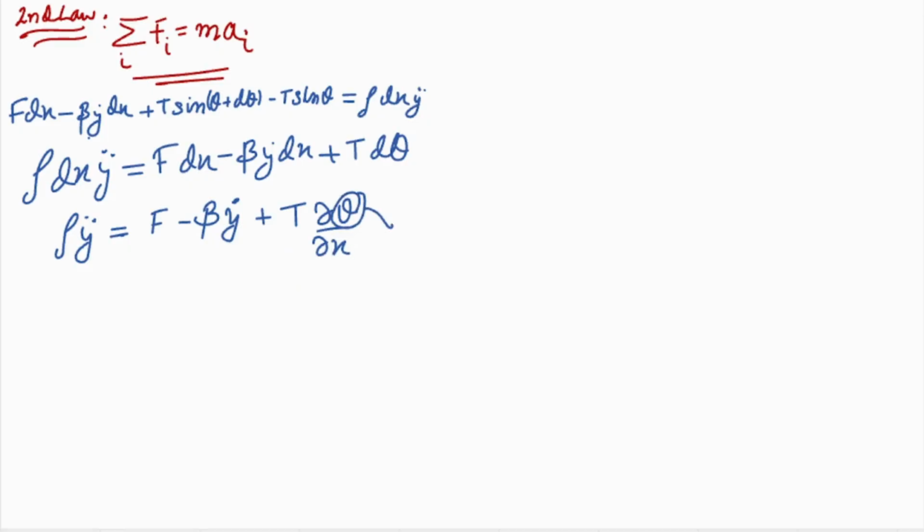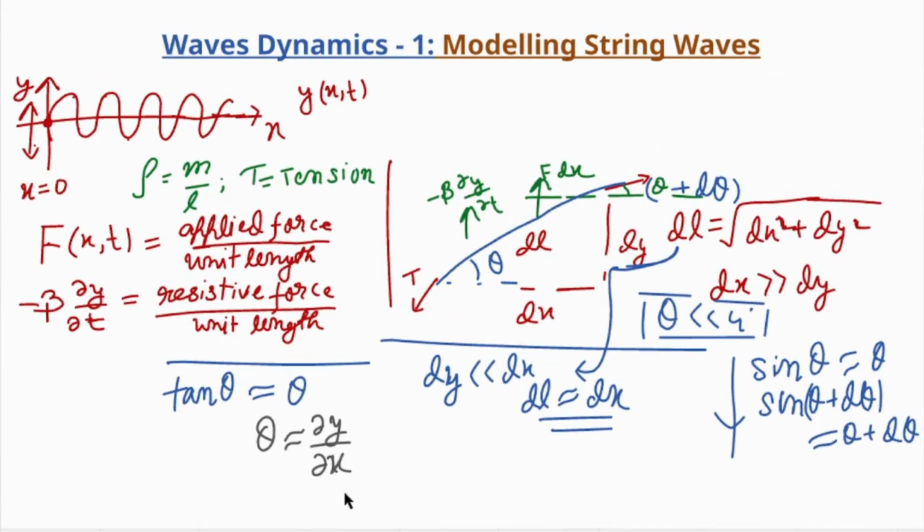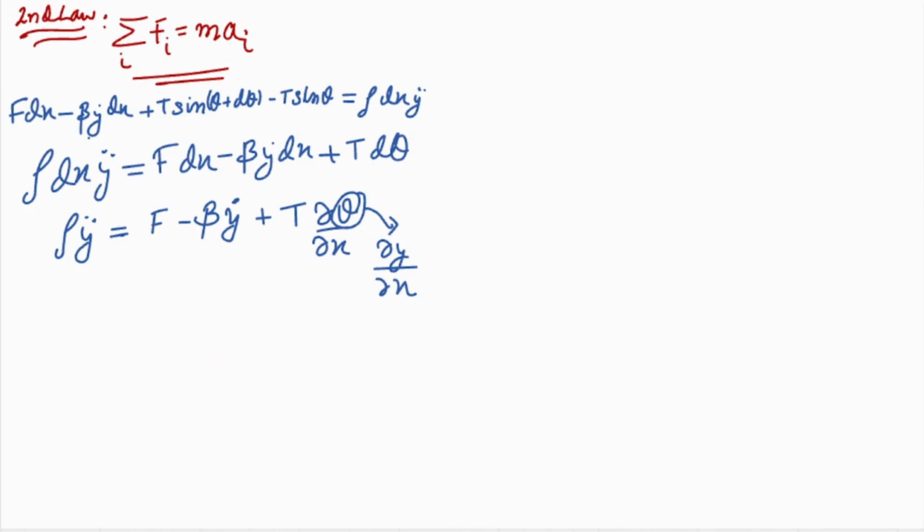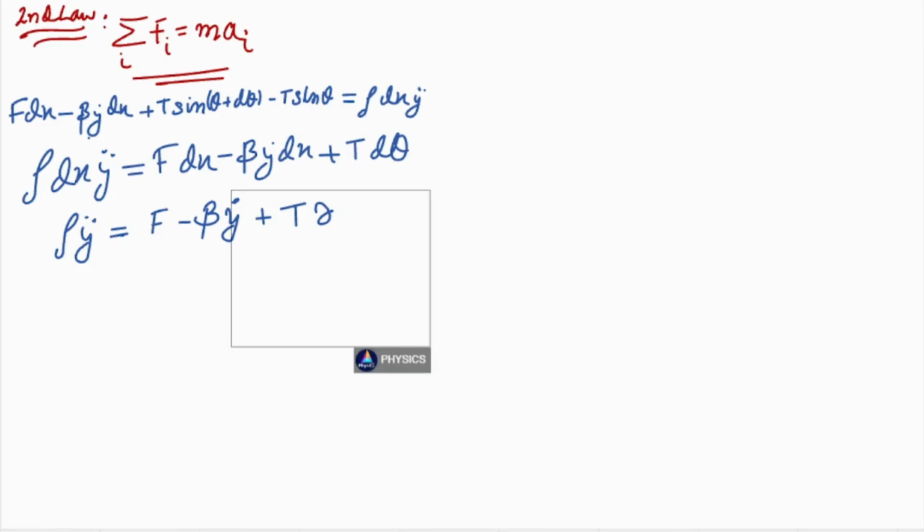Now what is theta? That is del y by del x, we have shown it over here. So del theta by del x is nothing but del 2 y by del x squared, right? We just put it in directly without writing so much and making the scene messy.